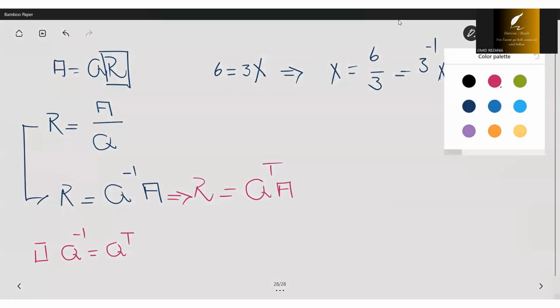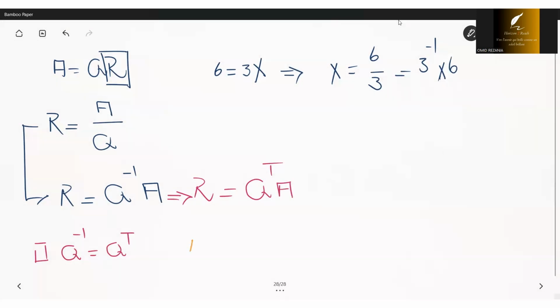Now, I'm just going to write Q^T here. Q was the matrix which I got on the previous page: 1 over square root of 3, 1 over square root of 3, 1 over square root of 3, 1 over square root of 2, 0, minus 1 over square root of 2.